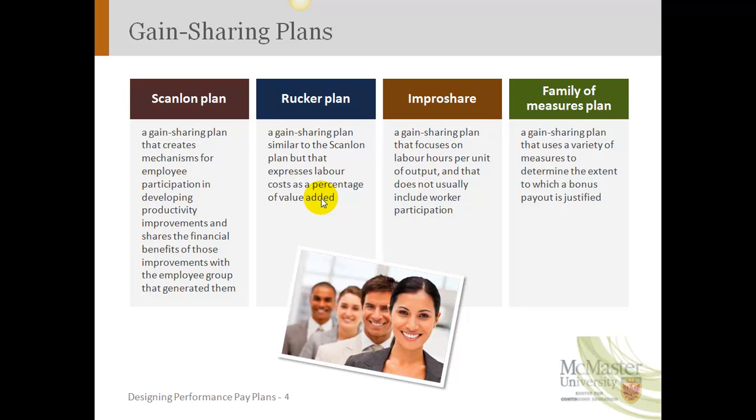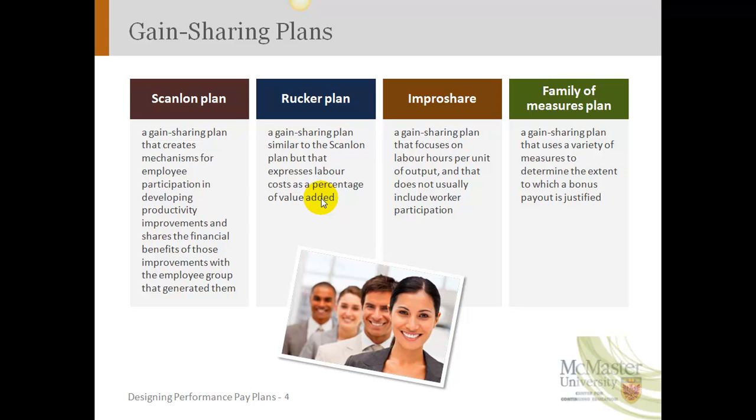And again, we usually find with Rucker plans that they can be split 50-50. We don't tend to see, however, that they are as rich for employees as the Scanlon plan, and I'm not sure why that is, but that just seems to be the history.